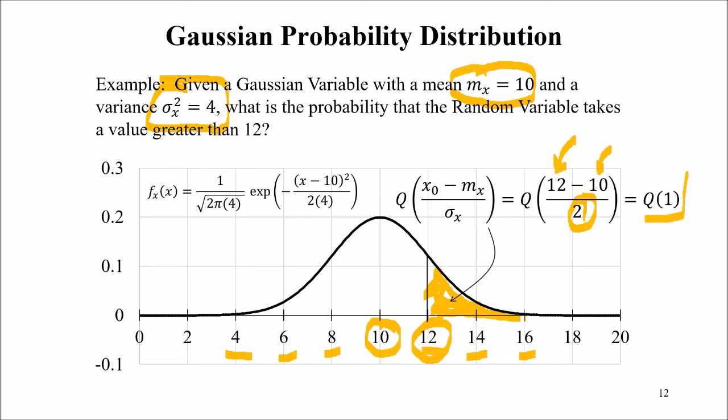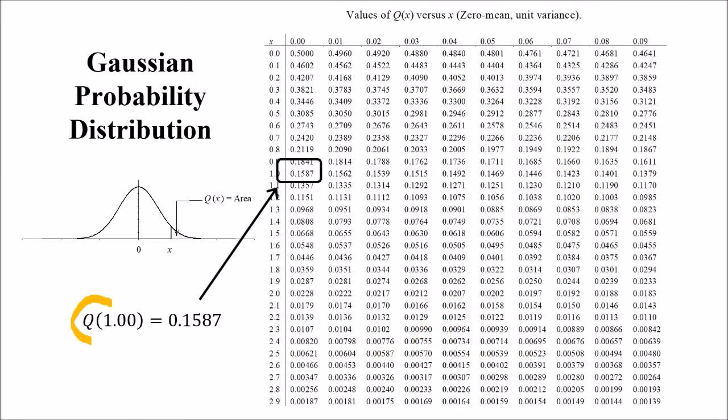So we look in the table at the value Q of 1, and that number will give us the area underneath this portion of the curve, and thus the probability of this event. So Q of 1.0 is what we're looking for. So we look down the x value to the value of 1.0. So it's 1.00. So the number we're looking for is 0.1587. So the probability of that event occurring is 0.1587.